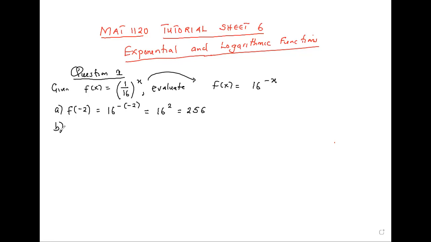Then we go to b, we do f of -1/4. Again, 16 to the power -1/4. So we get 16 to the power +1/4. This is like the fourth root of 16. 2 times 2 is 4, times 2 is 8, times 2 is 16.